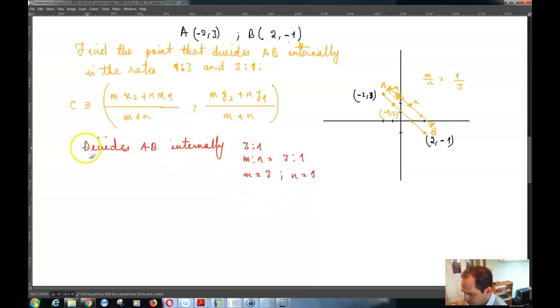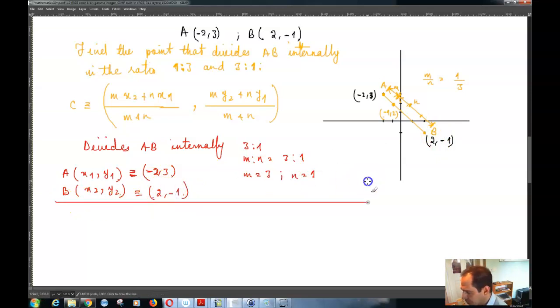And when I say that you want to divide the line segment AB, that means that the point A is the same thing as x1, y1, and the point B would be the same thing as x2, y2. That means that x1, y1 would be negative 2, 3, and this point would be 2, negative 1.